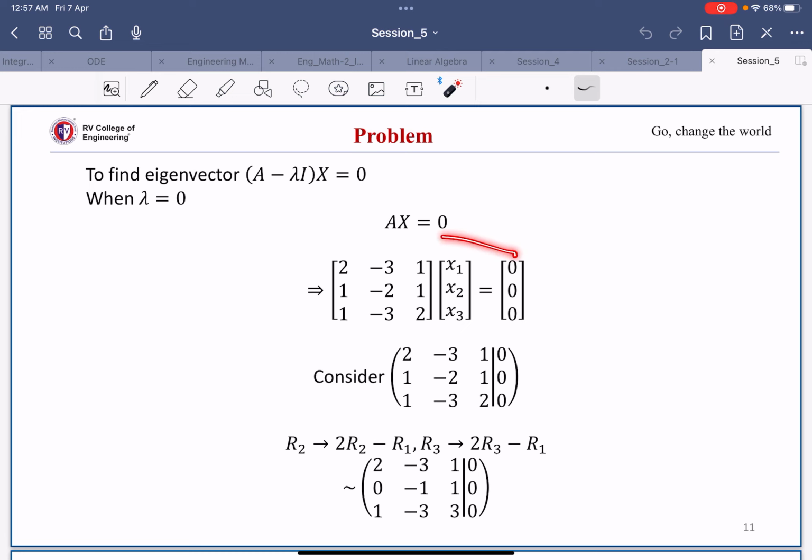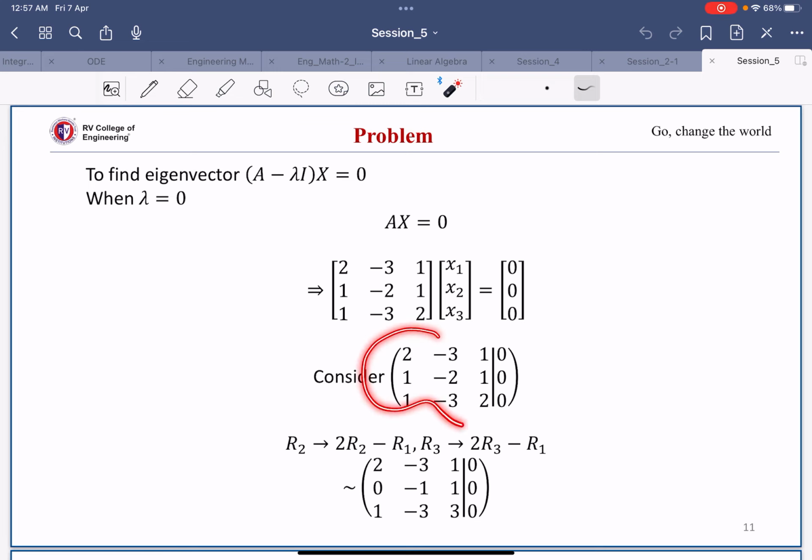So this reduces to a system of 3 equations. I can minimize my calculation, or reduce my effort to find the values of the unknowns, by reducing it to echelon form.